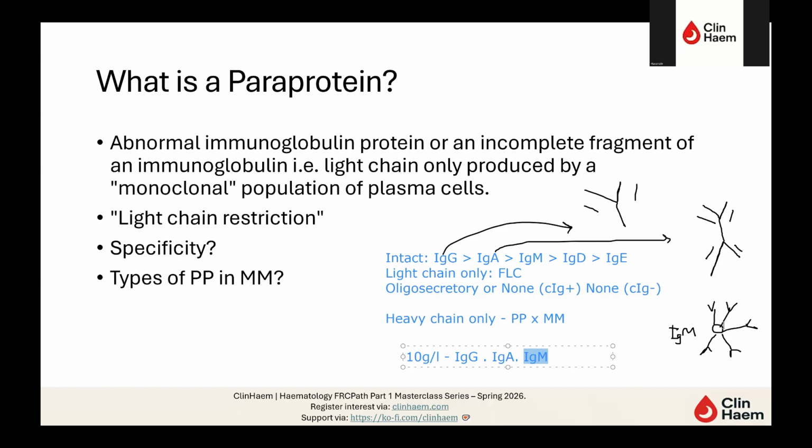Second in line is IgA, and IgG is likely to have the lowest plasma viscosity. So 10 grams of IgM is likely to give you the thickest blood. That's important, and that's why you see hyperviscosity very commonly with IgM, and second in line IgA. IgG you can see, but you need really high paraprotein to get hyperviscosity syndrome. Okay, so any questions up till here?